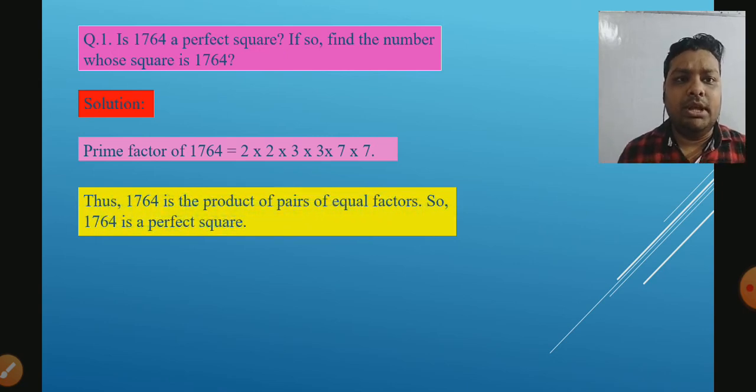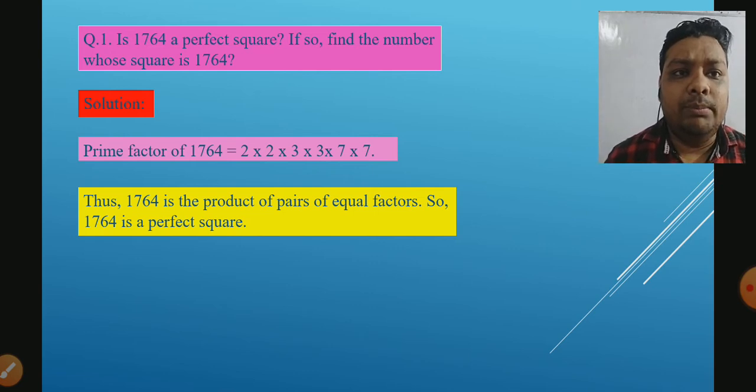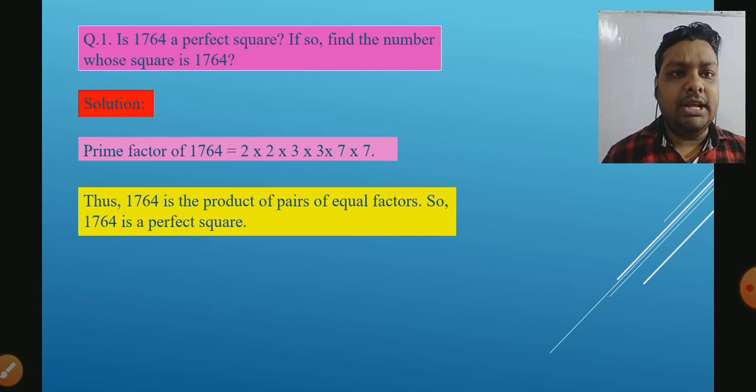Here you can see that 1764 is the product of pairs of equal factors, because 2 appears 2 times, 3 appears 2 times, and 7 appears 2 times. All the numbers are in pairs. So we can say that if all the prime factors of a number occur in equal pairs, then it is a perfect square.